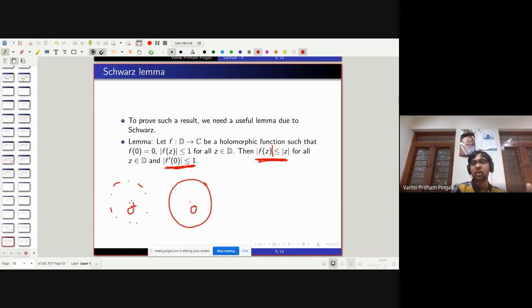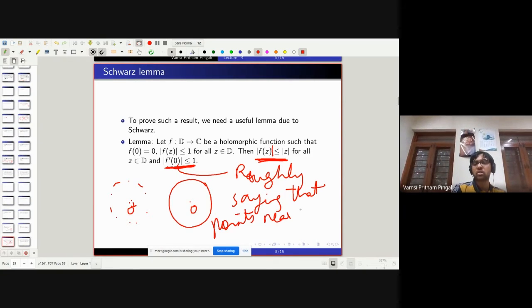I'm merely saying that points near 0 don't move much. And they shouldn't, because there's only a limit as to how much they can move. All the points here have to fall here. They can't move outside the disk. So I'm just trying to motivate this statement. Don't take it literally.